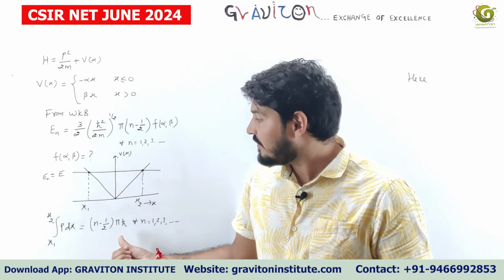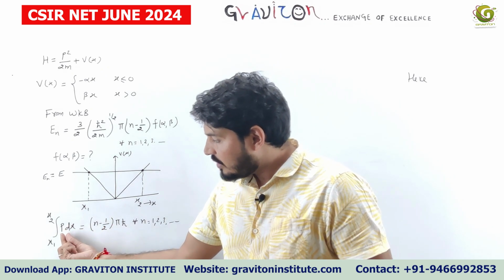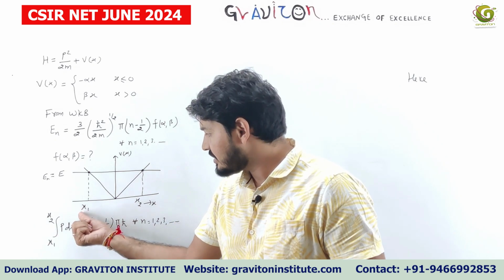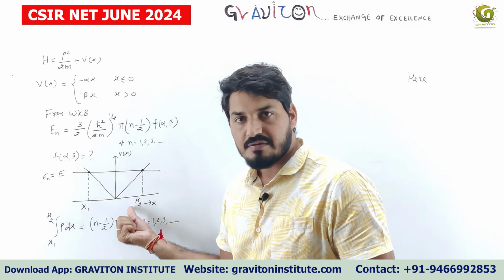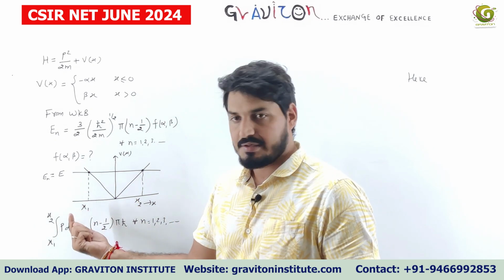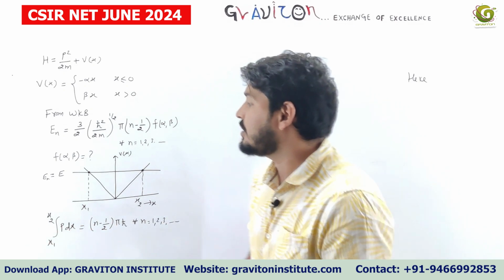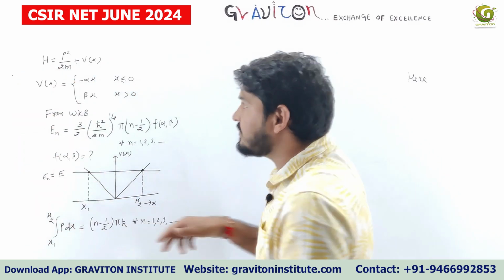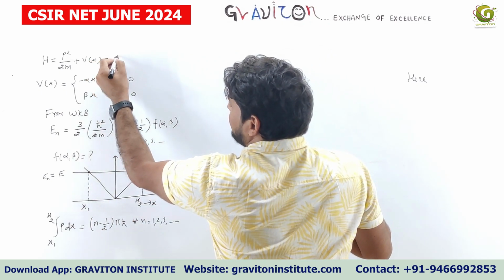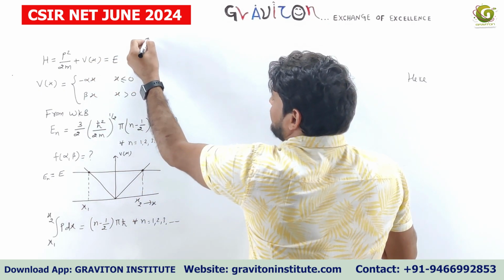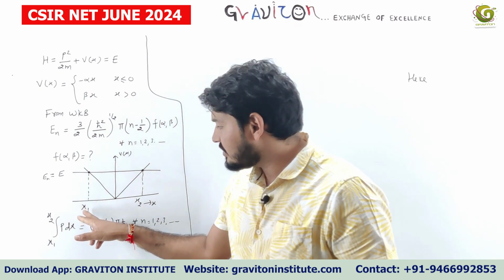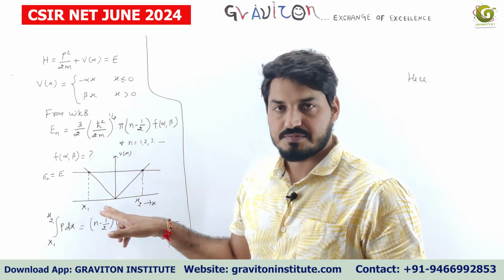For this, first we need x1 and x2, these boundaries, and also p, which we can easily find because the Hamiltonian is given to us and it is a conservative system, so we can consider this as the energy E. First, let's find x1 and x2.